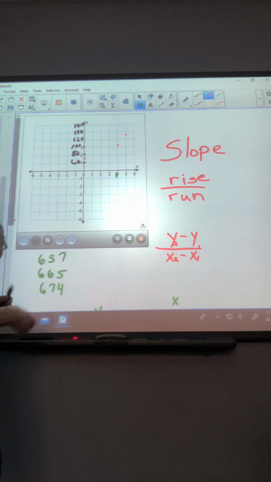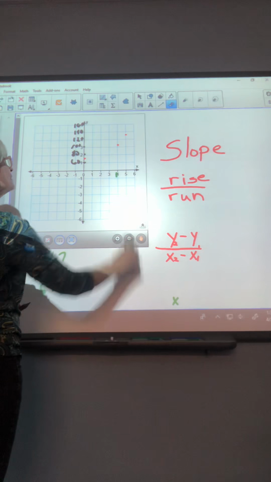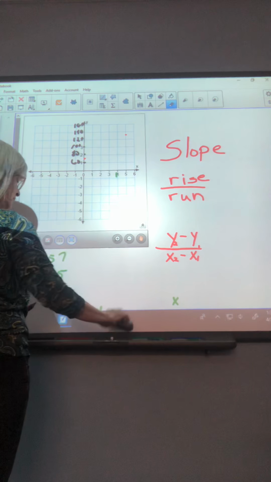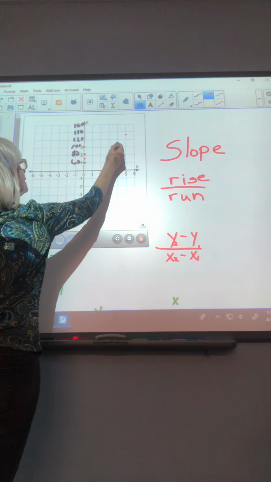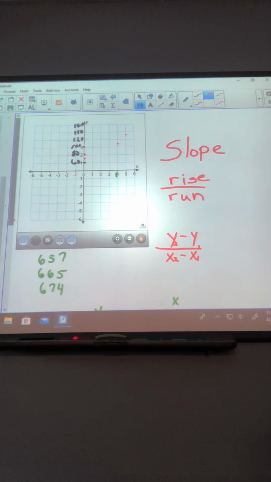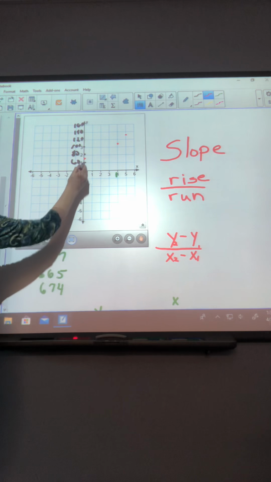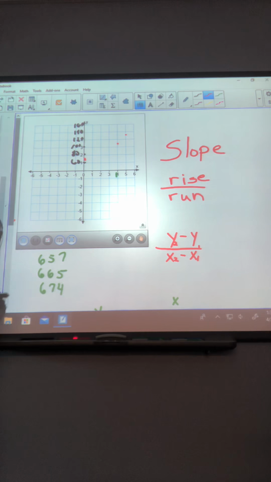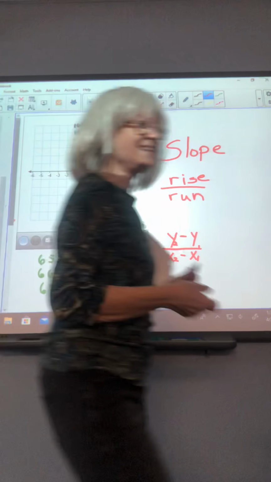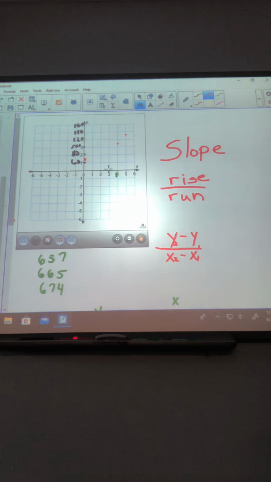It looks like I need to adjust this point because that's definitely not in line with the others. So in 2014, there we go. It's hard to be exact when you're using your eyes. Okay, so then we can go ahead and make the graph.